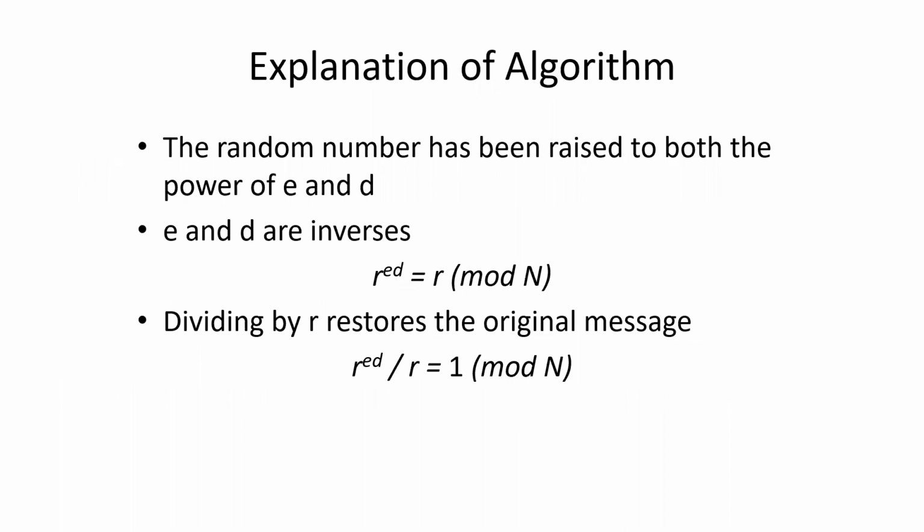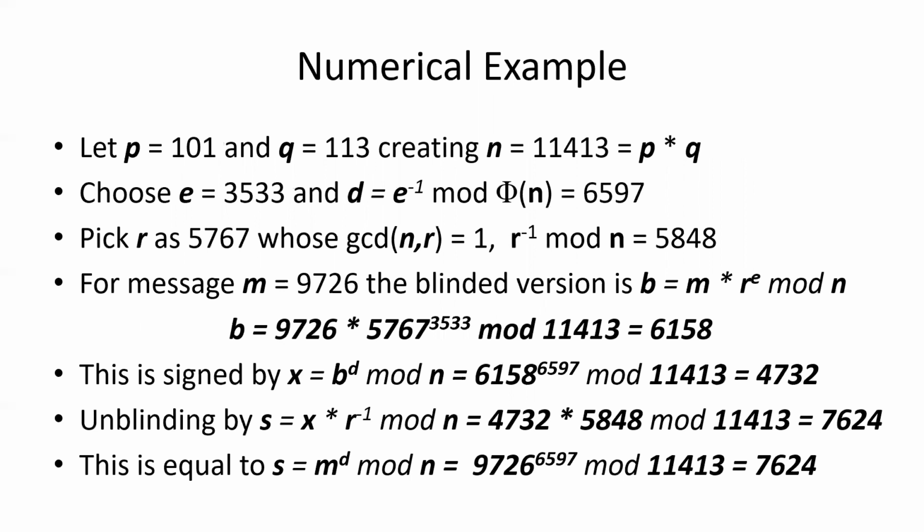That was calculated several times before. So if you raise R to the E times D, well, E and D are inverses, so you end up with just R mod N. And then if you divide by R, you end up with 1 mod N. So it all factors out.